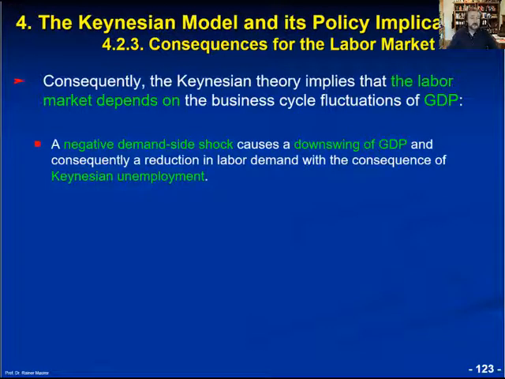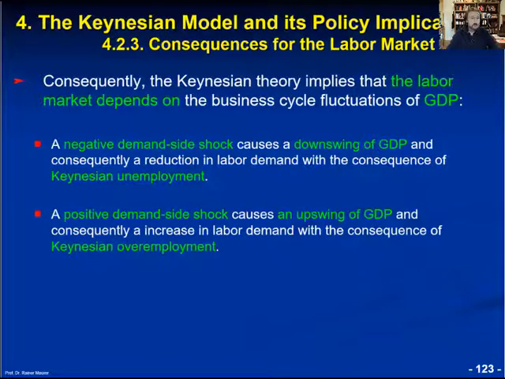A negative demand-side shock causes a downswing of GDP and consequently a reduction in labor demand with the consequence of Keynesian unemployment. A positive demand-side shock causes an upswing of GDP and consequently an increase in labor demand with the consequence of Keynesian overemployment.